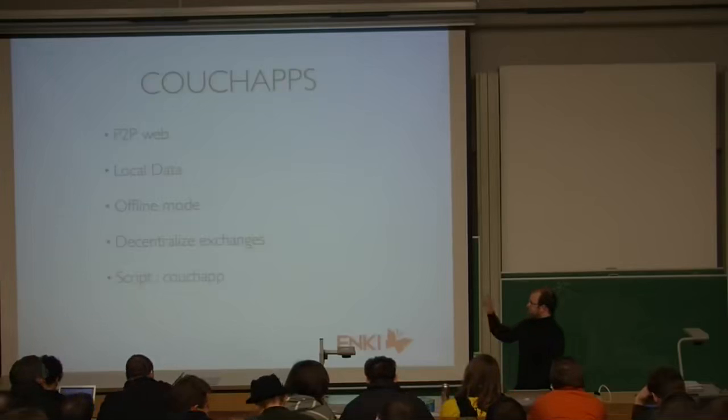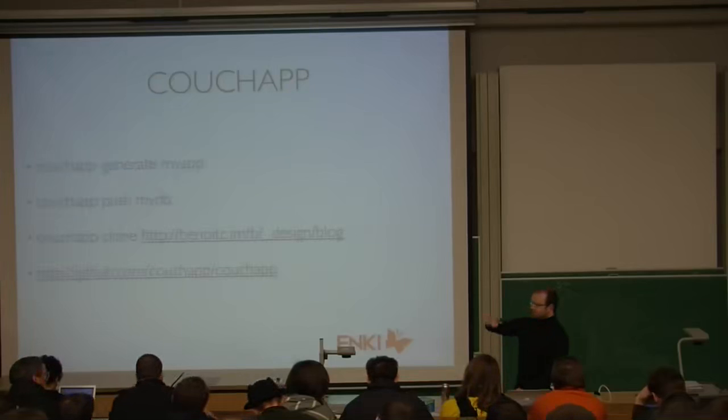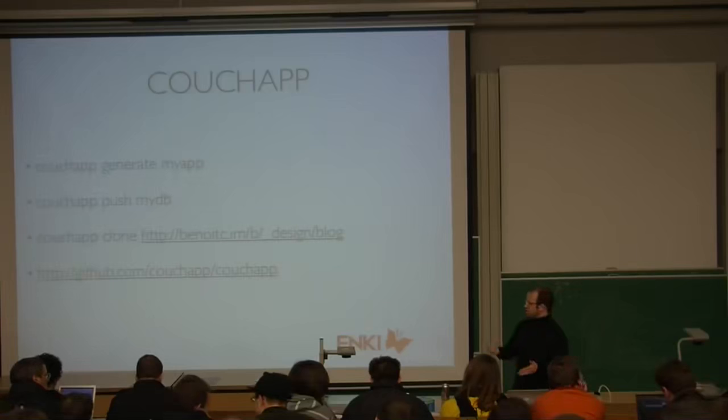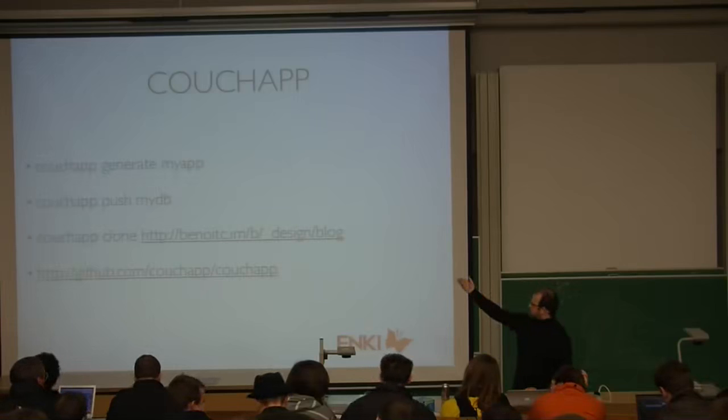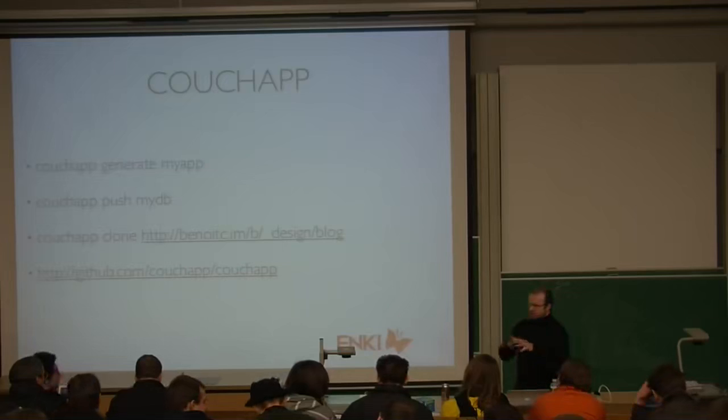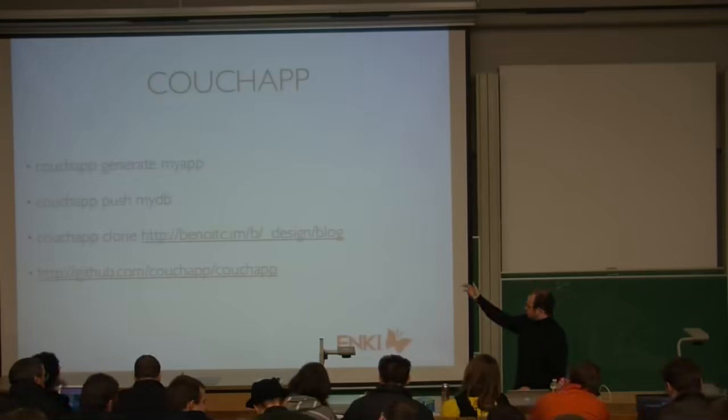You just create your structure on the file system. There is one directory for views, one directory for shows, one directory for updates, and such. The CouchApp script will generate this structure with generate commands. Then when you finish designing your application and want to test it, you just push it to the DB like with Git or Mercurial, whatever.